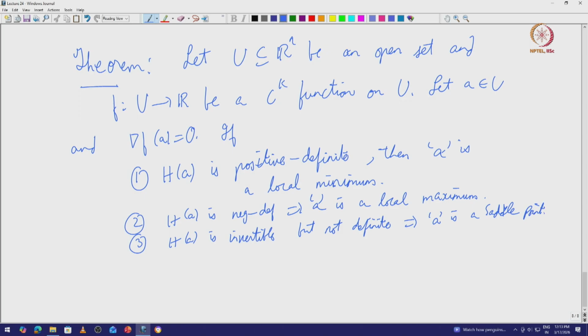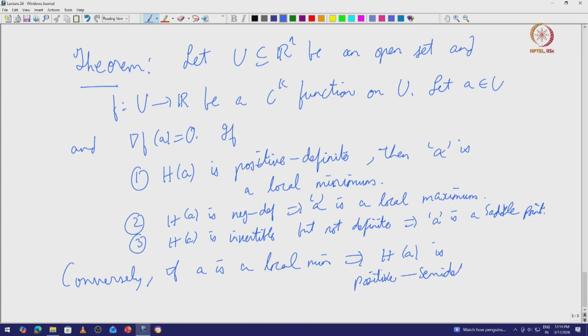Okay. Conversely, if A is a local min, H of A is positive semi-definite.